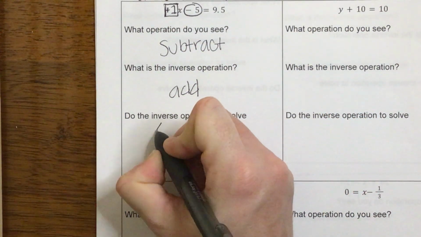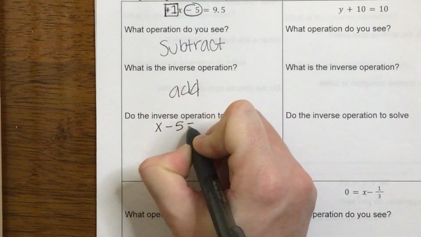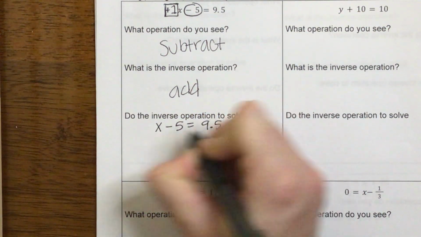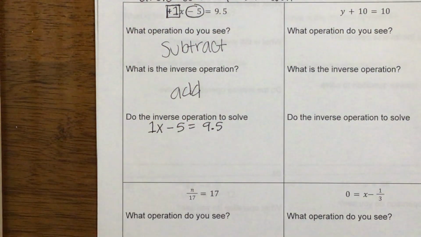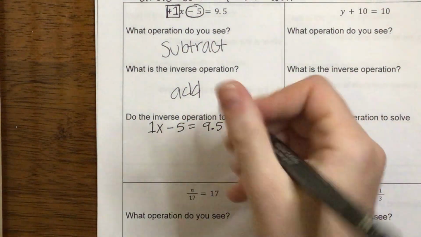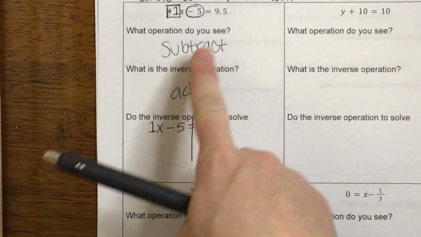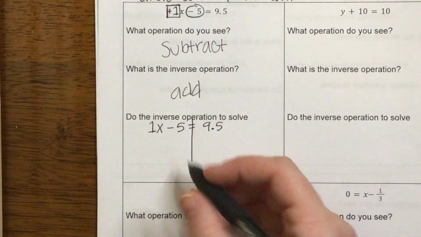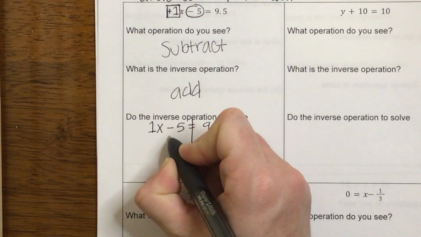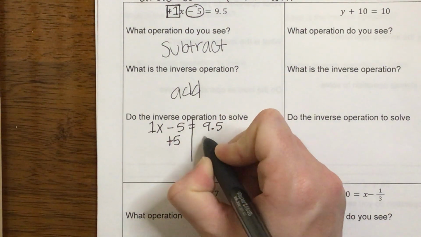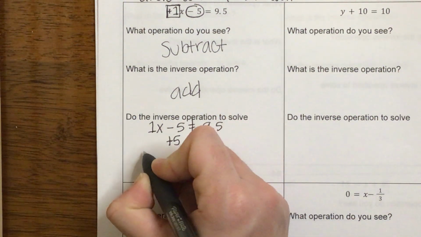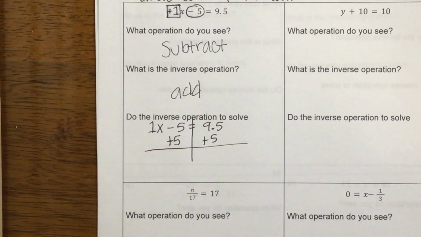So I'm going to rewrite the equation: 1x minus 5 equals 9.5. I draw a line through my equal sign. The opposite of subtracting is adding. So instead of subtracting 5, I'm going to add 5. And I draw a line underneath.